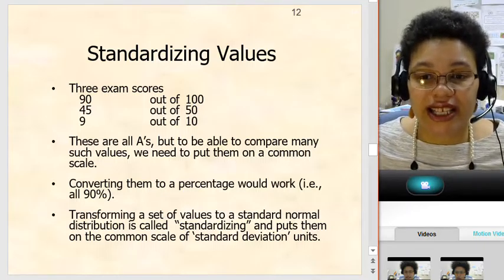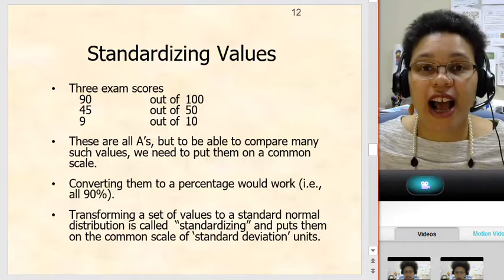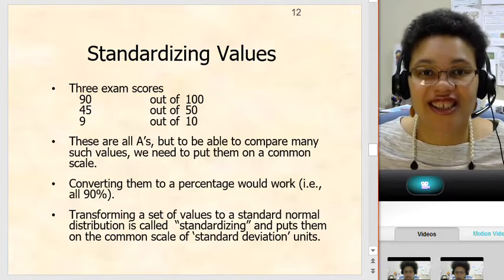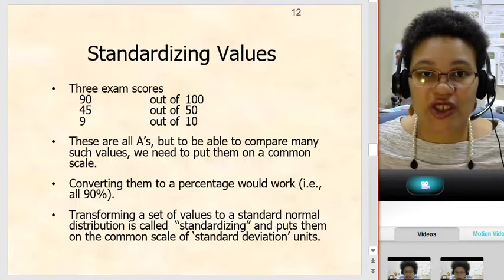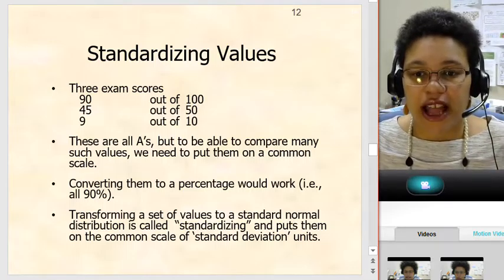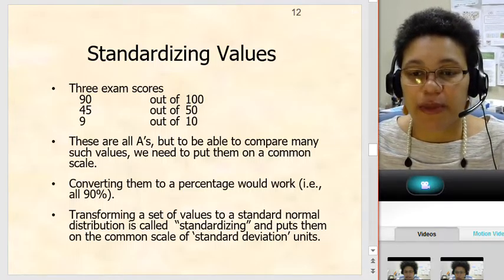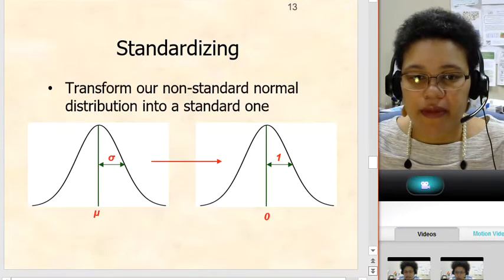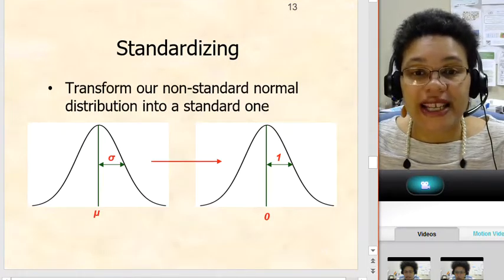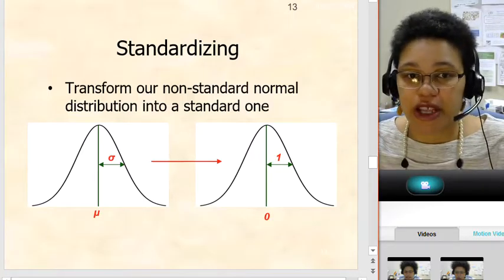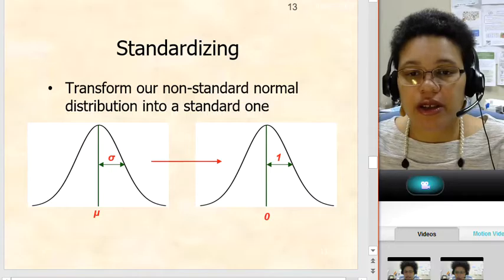The unit is how many standard deviations from the mean was the student's score. So basically, we're transforming our non-standard normal distributions, and there could be many of them, into a standard one with a mean of 0 and a standard deviation of 1.